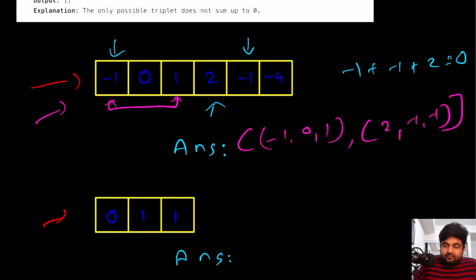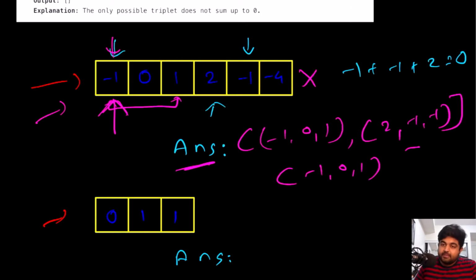Apart from that we cannot find any more triplets, so this is the only answer we are going to return. One critical thing to understand over here is that this -1 is actually used 2 times in 2 different answers. That is perfectly fine, but we cannot have an answer where we already have -1, 0 and -1, and again we have -1, 0 and +1.